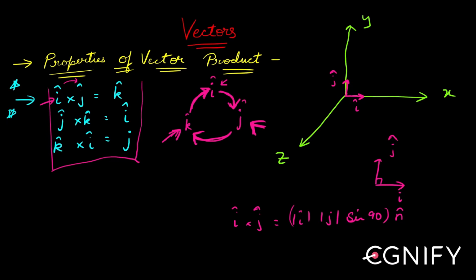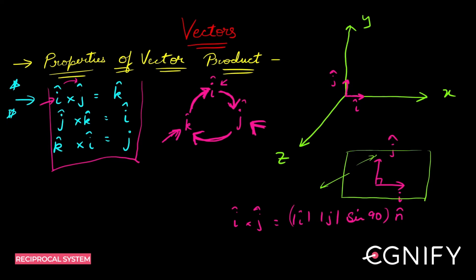So if I have a plane containing both i and j, so for example this is my plane, this is the plane containing both i and j. So your vector has to either come out of this plane or go into this plane. Any of these two can be your n cap.